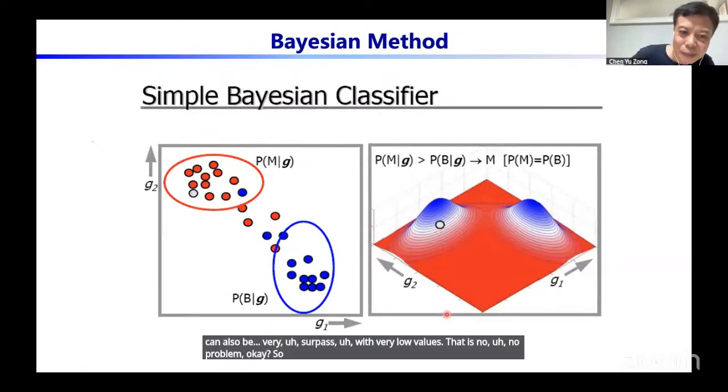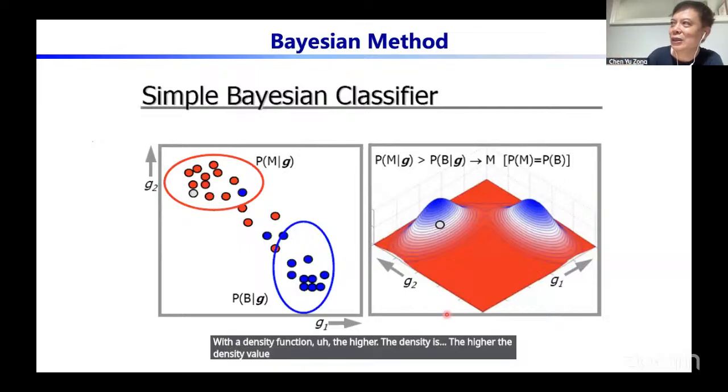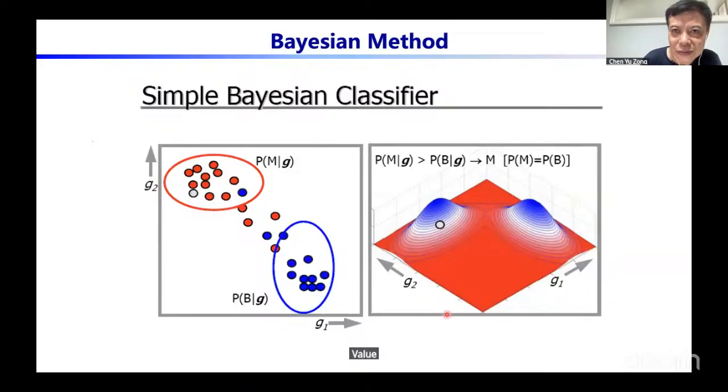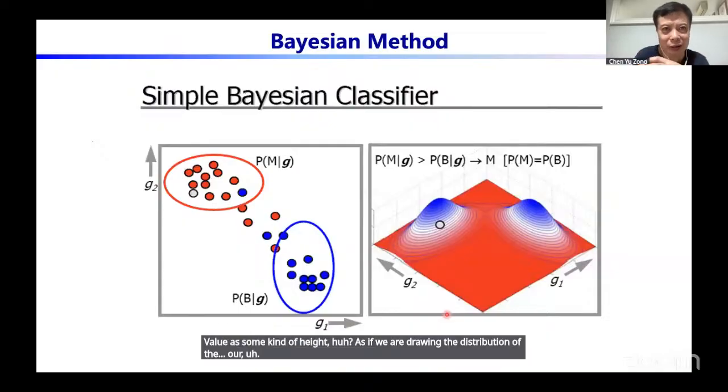The good thing about the density function is that the higher the density is, the higher the density value is. So essentially, we can visualize the density value as some kind of height, as if we are drawing the geological distribution of a certain local region.